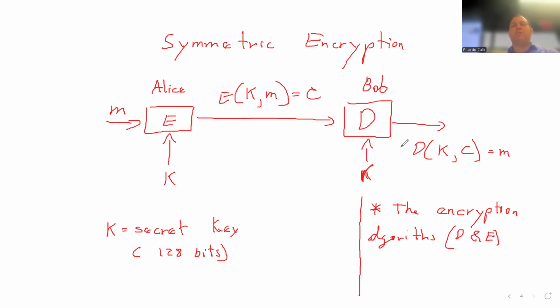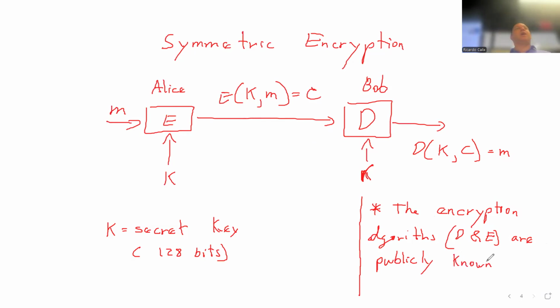You guys agree, right? We've defined that D and E are the encryption algorithms. XOR right now, but they can get more complicated than XOR. So these encryption algorithms are publicly known.